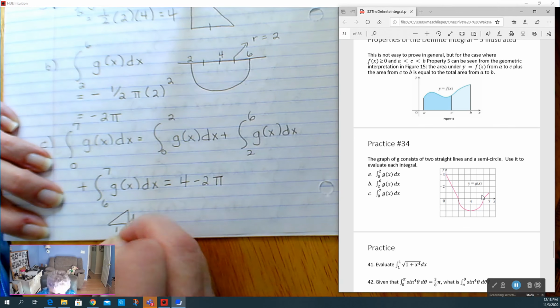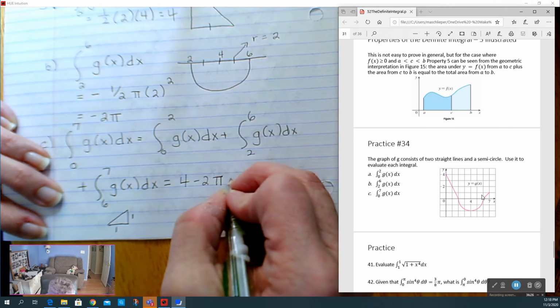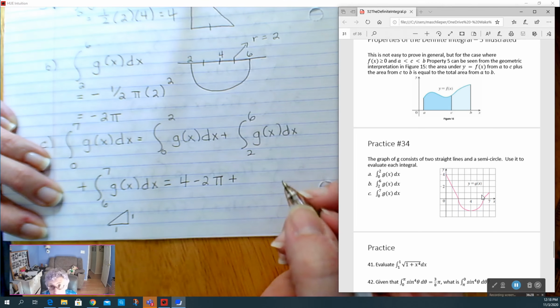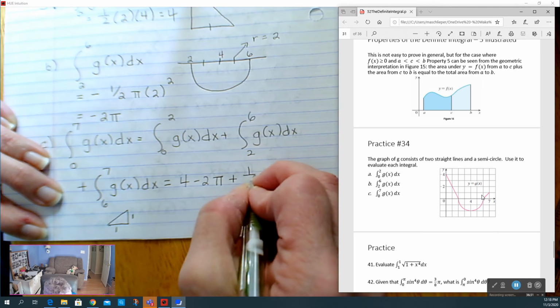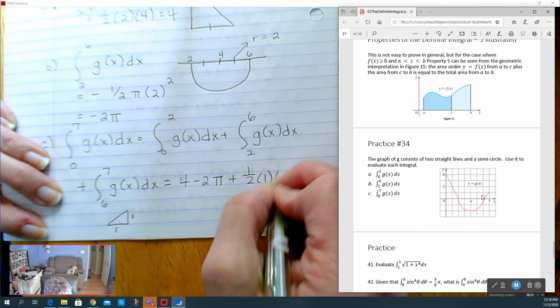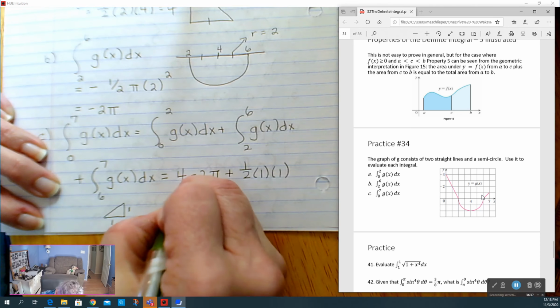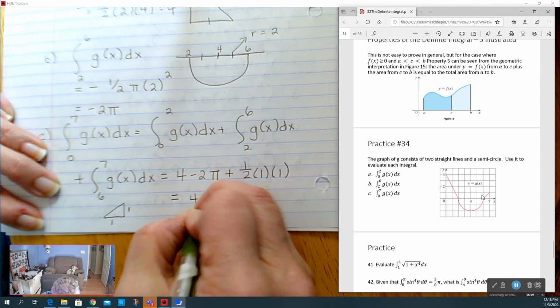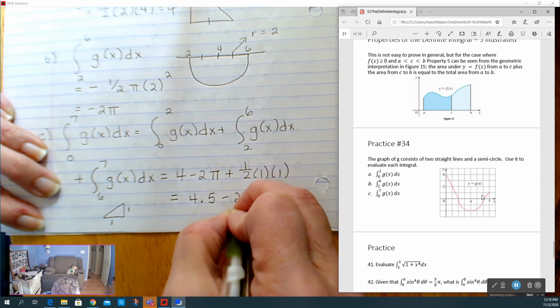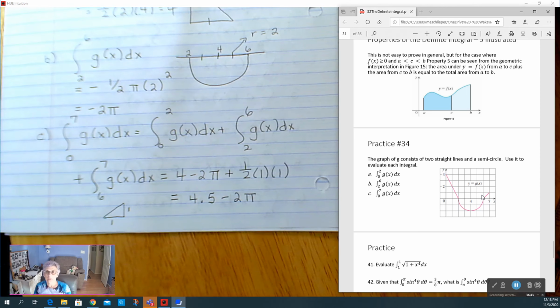This is 1, 1, so plus, because it's above the x-axis, 1/2 of the base times the height, so 4.5 minus 2 pi, or 9/2 if you prefer the fraction.